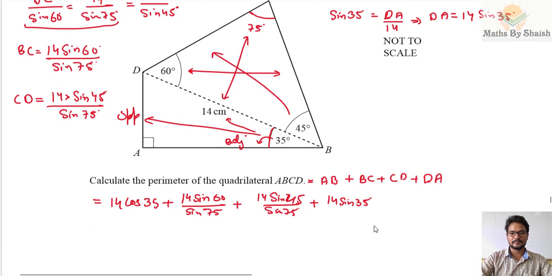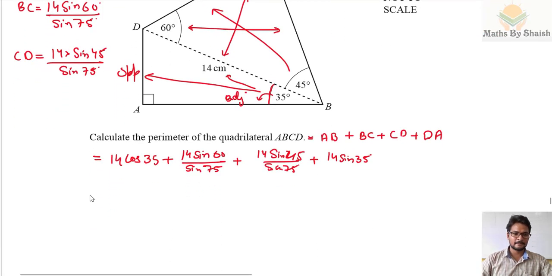Now we will calculate them from calculator directly. 14 cos 35 plus 14 sine 60 upon sine 75 plus 14 sine 45 upon sine 75 plus 14 sine 35.